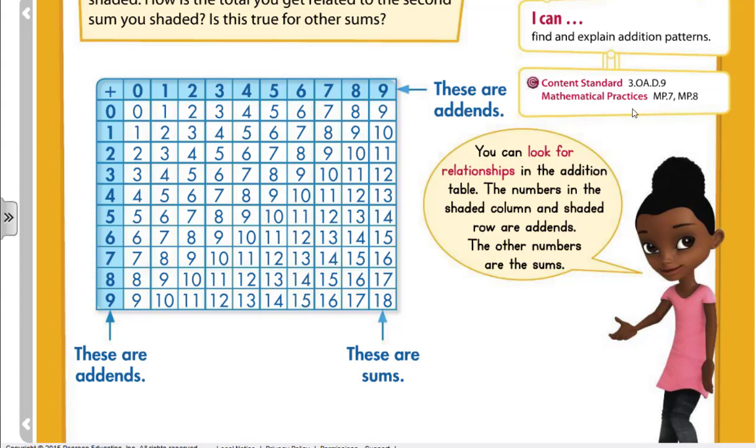If I have this one, for example, this 7, this is a sum. Sum for what? Sum for 3 plus 4. So the addends here are 3 and 4, and the sum is 7. And that's how to use the table.